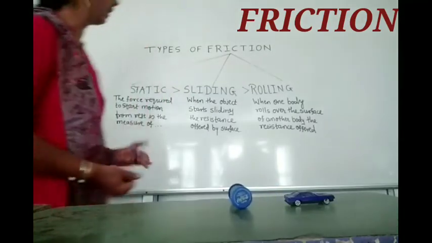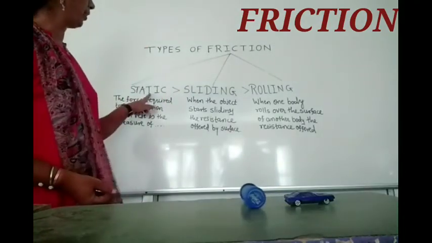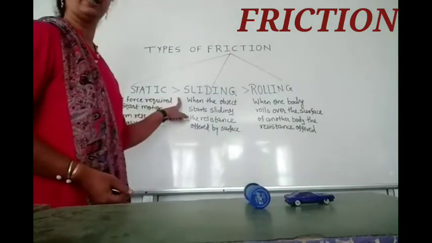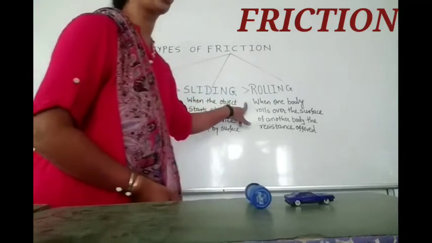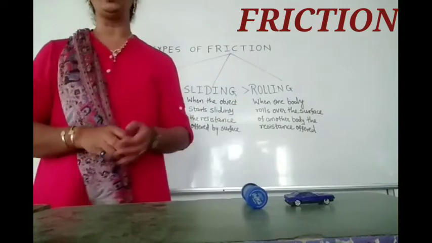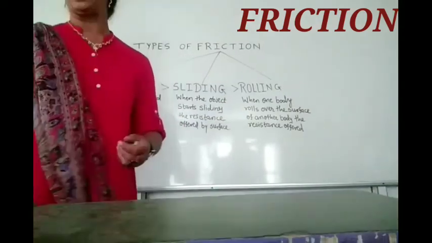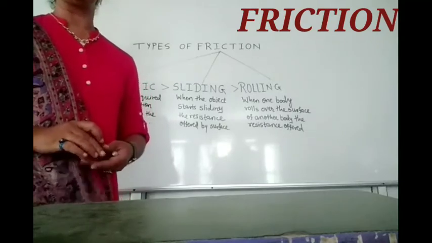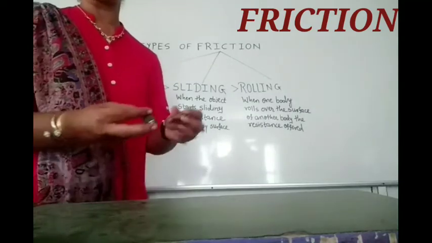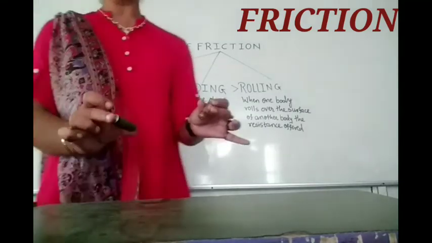So here we can conclude that static friction is highest, less than that is sliding friction, and the least frictional force is rolling frictional force. If we want to check the roughness or smoothness of the surface, then I am having two cells.